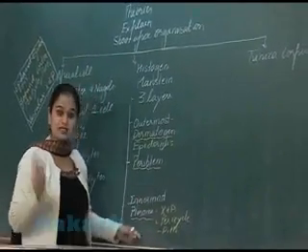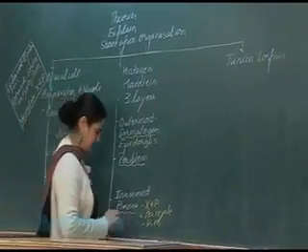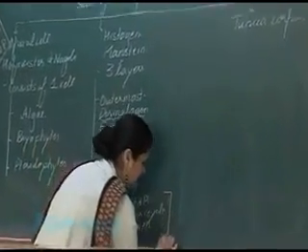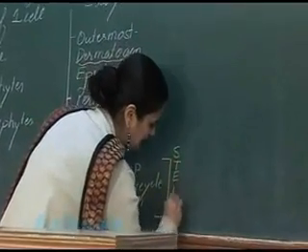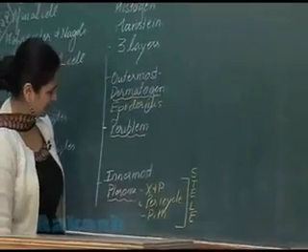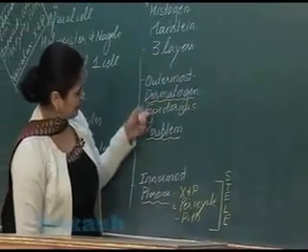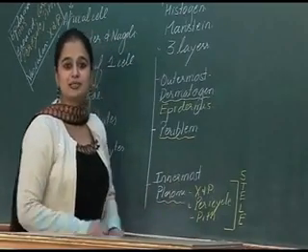These three things together represent the stele. Then what is left? Epidermis is done. Xylem, phloem, pericycle, pith is done.